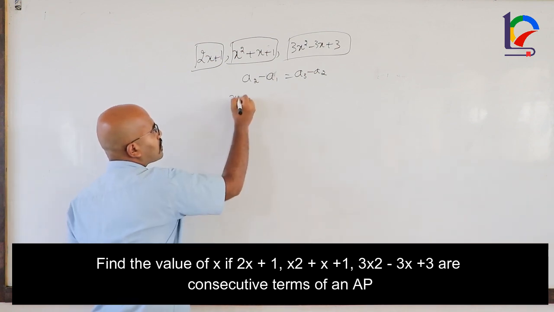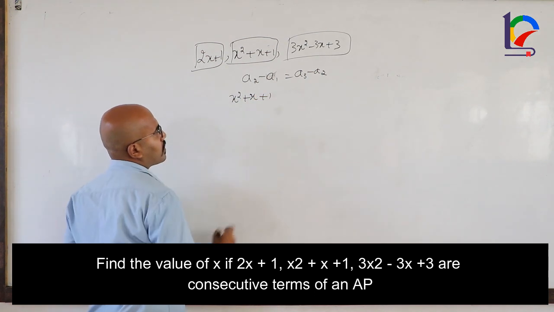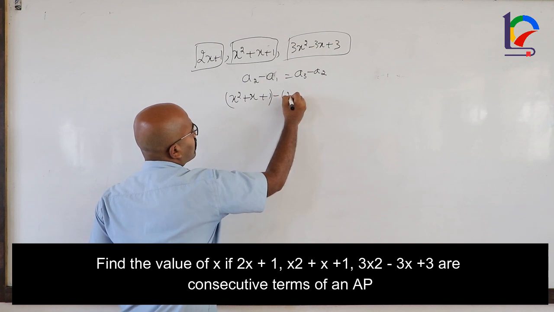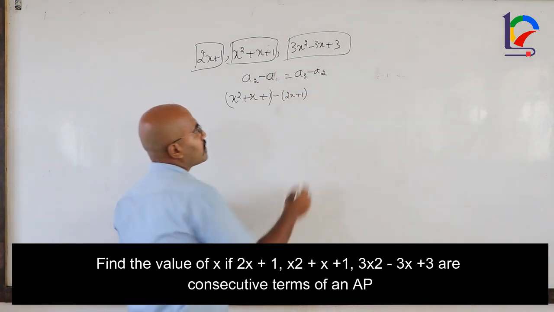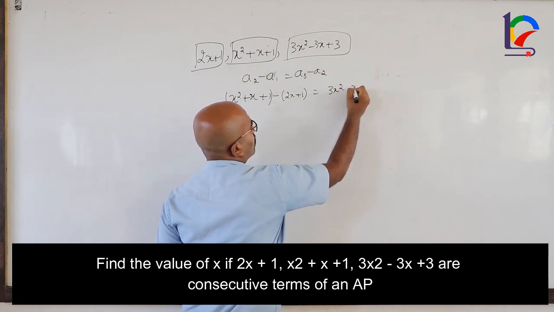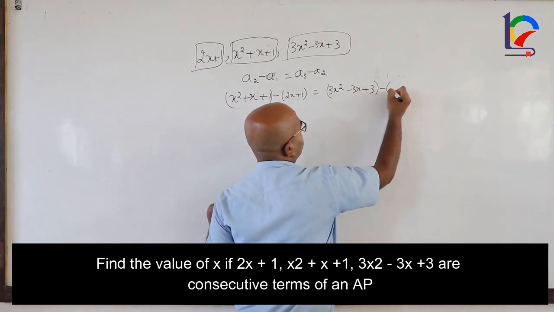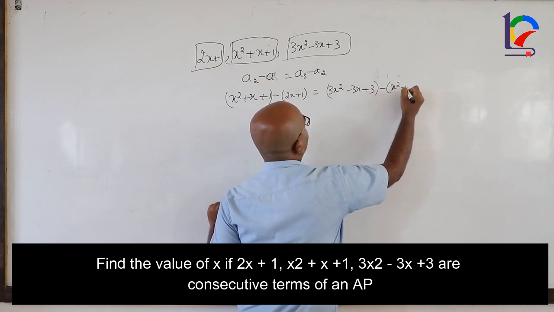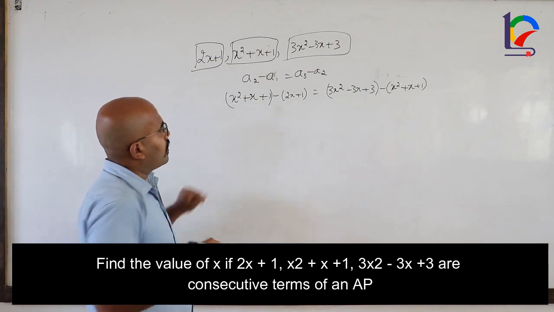It is x square plus x plus 1 minus the first term, 2x plus 1. So second term minus first term is equal to third term, 3x square minus 3x plus 3 minus the second term, x square plus x plus 1.